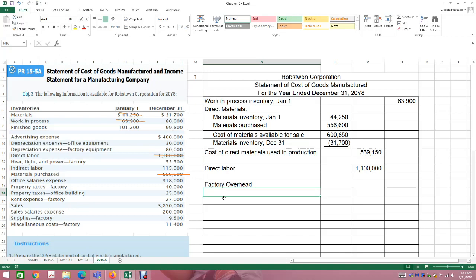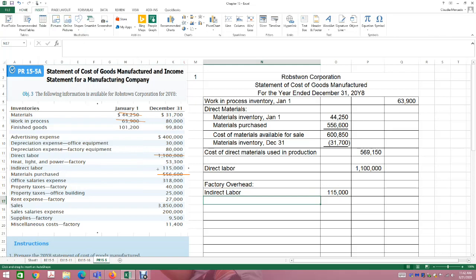It's part of the cost of running the factory, but not really associated with manufacturing the product. So it's usually your maintenance departments or your department supervisors. They're in the factory, but they're not hands-on manufacturing. So my indirect labor is $115,000.